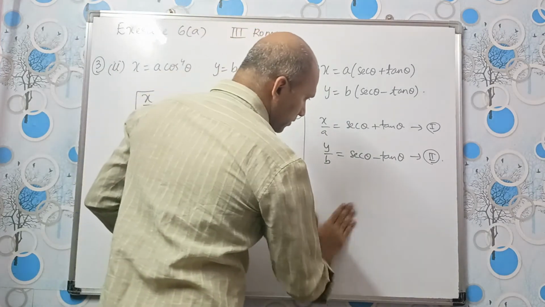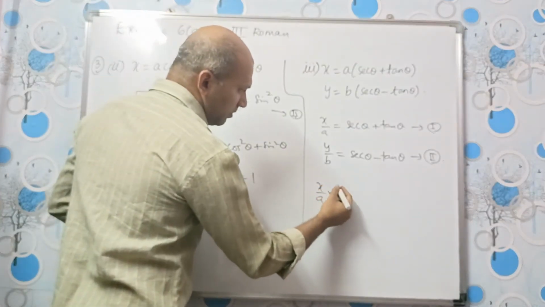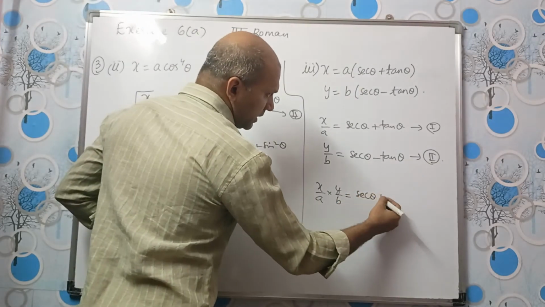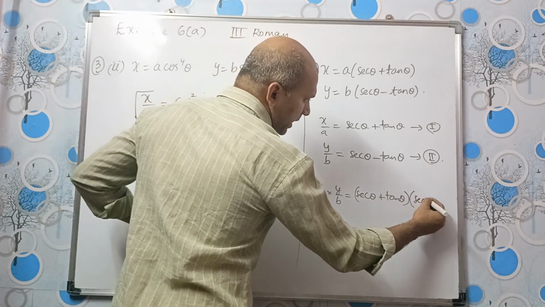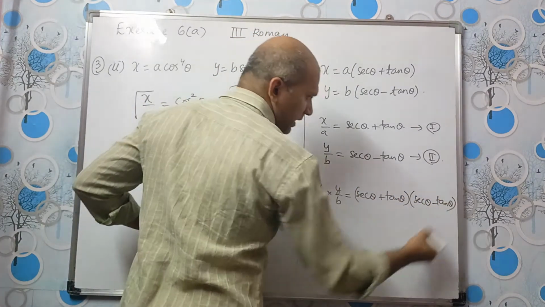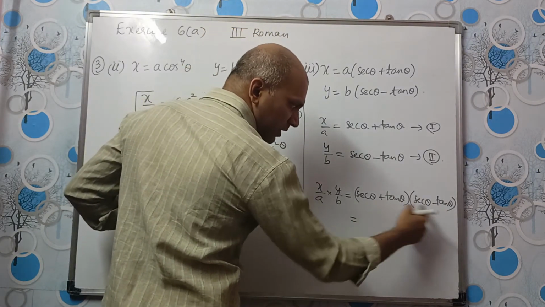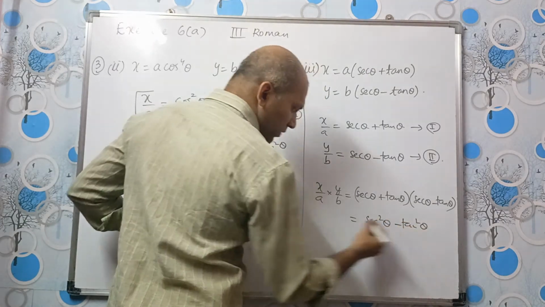Now if you multiply these two, x/a multiplied by y/b is equal to (sec theta + tan theta) multiplied by (sec theta - tan theta). Like (a + b)(a - b), it is sec^2 theta - tan^2 theta, right?